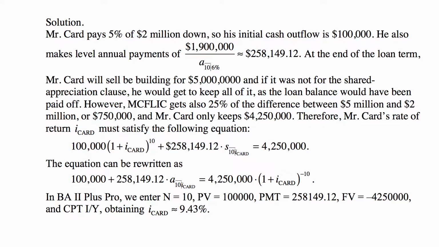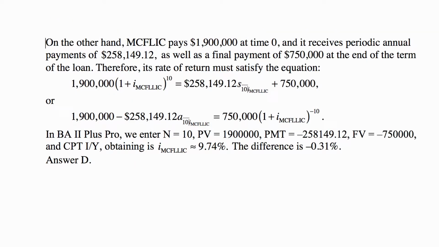And in the BA II Plus Pro, we enter n equal to 10, present value 100,000, payment 258,149.12, and future value negative 4,250,000, and then push compute, CPT I/Y, we get his rate of return to be about 9.43%.